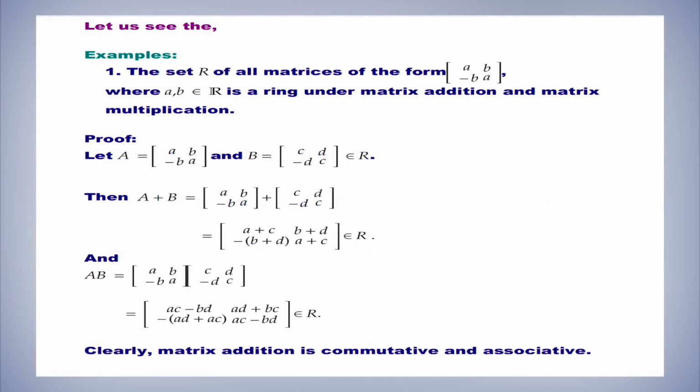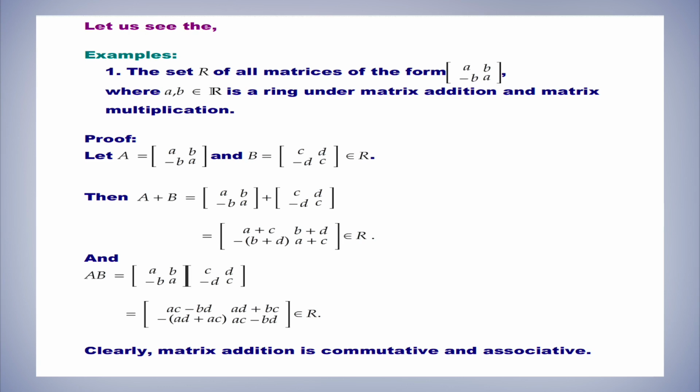Let us see the example. The set R of all matrices of the form [a b; -b a], where a, b in R, is a ring under matrix addition and matrix multiplication. Let us prove this.